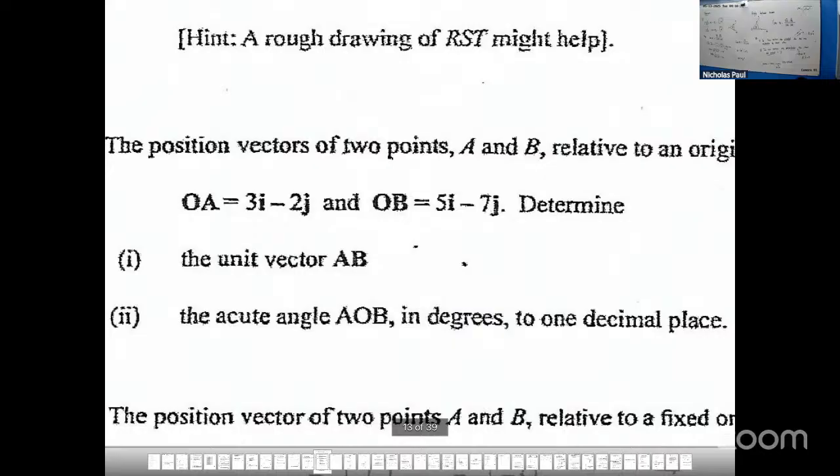Something new we started. Please take your time and find the unit vector. If you can't do it, that's okay, you can do part two. It's 2015.